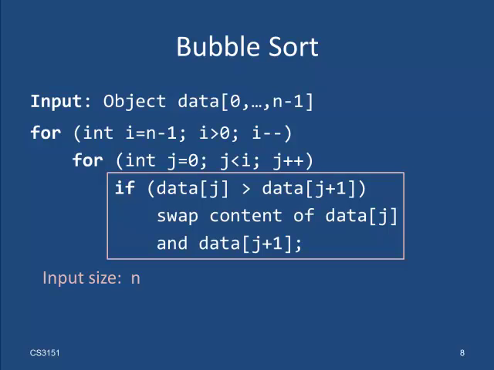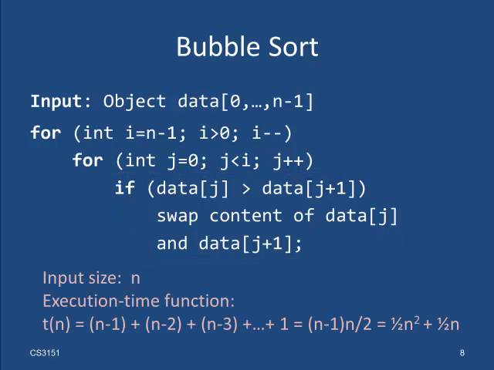In summary, the number of computational steps is n-1 plus n-2 plus n-3 and so on, all the way down to 1. We have seen before that this sum is equal to (n-1) times n over 2, or equivalently a half n squared plus a half n.